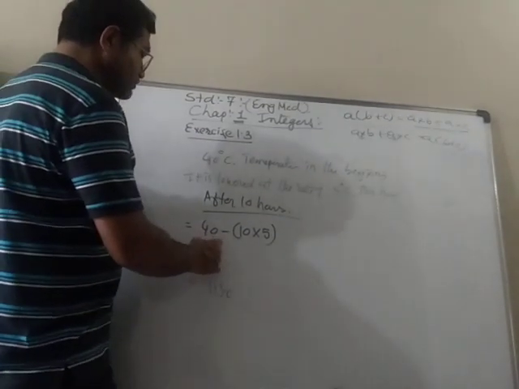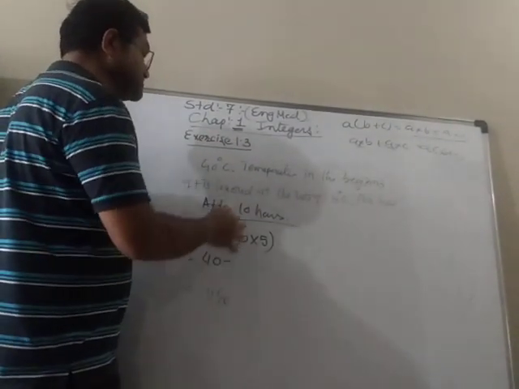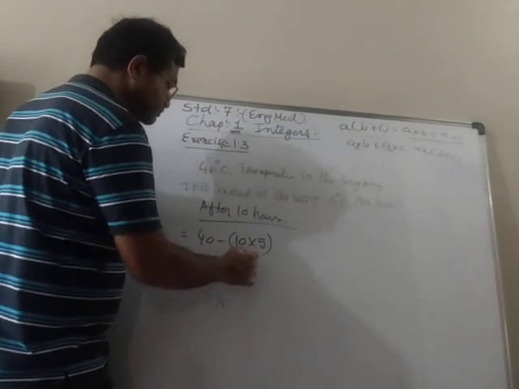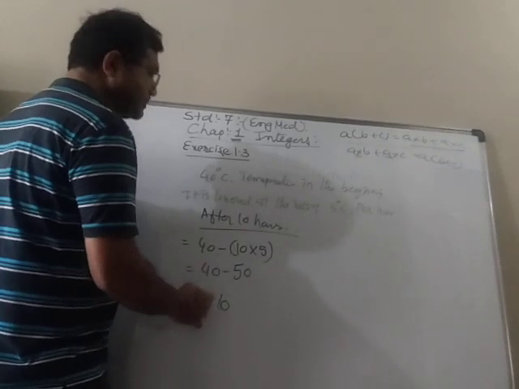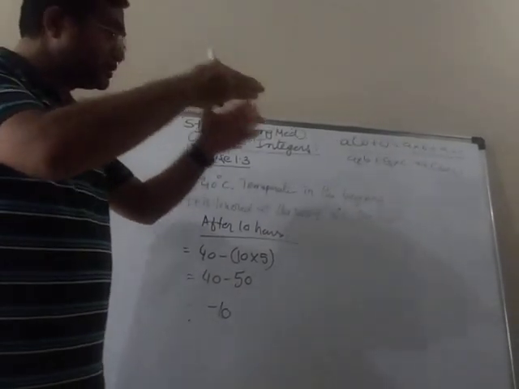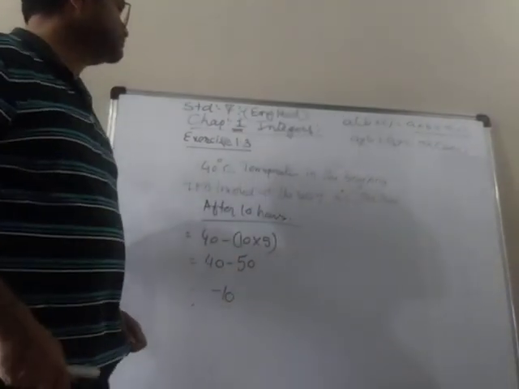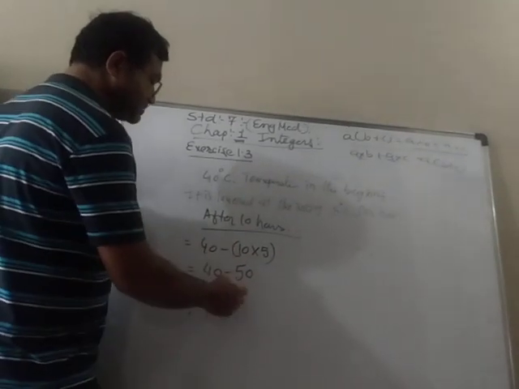So it is equal to 40 minus 5 tens are 50. So now 40 minus 50 is minus 10. It means that after 10 hours, the temperature will go down and down up to minus 10 degrees Celsius.